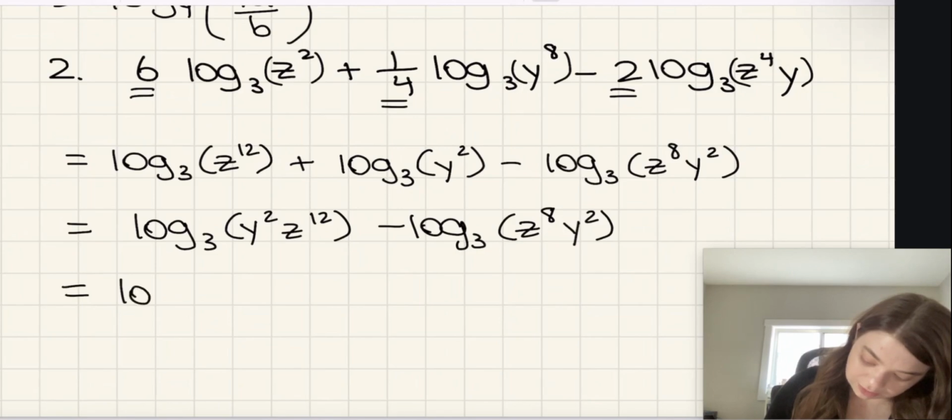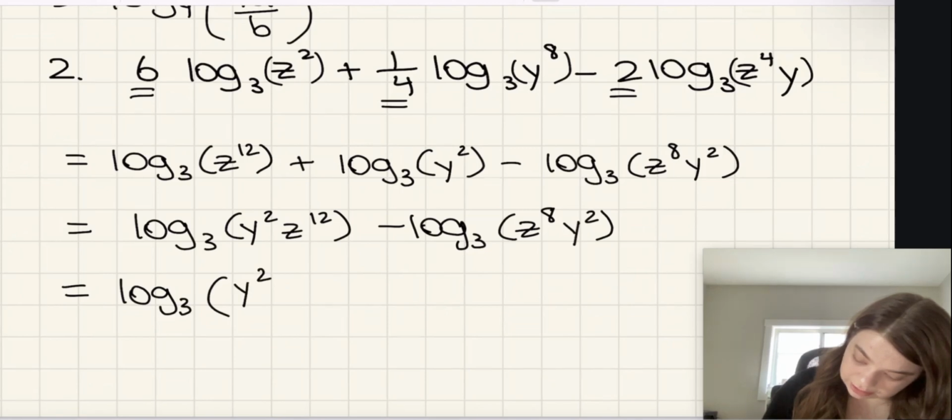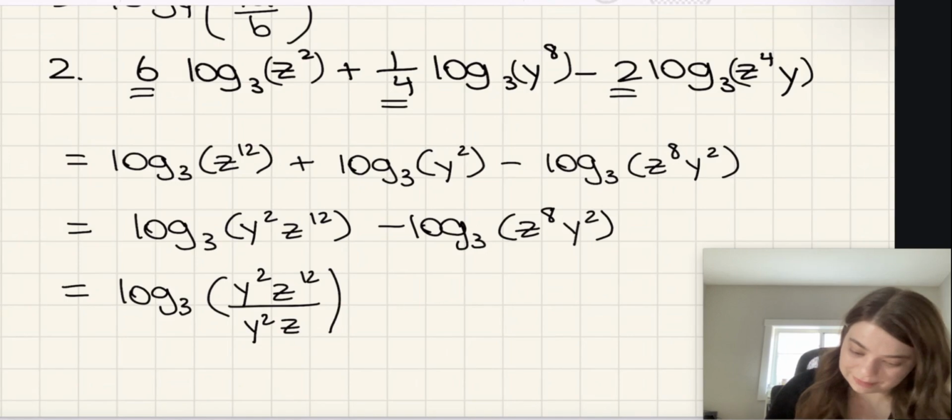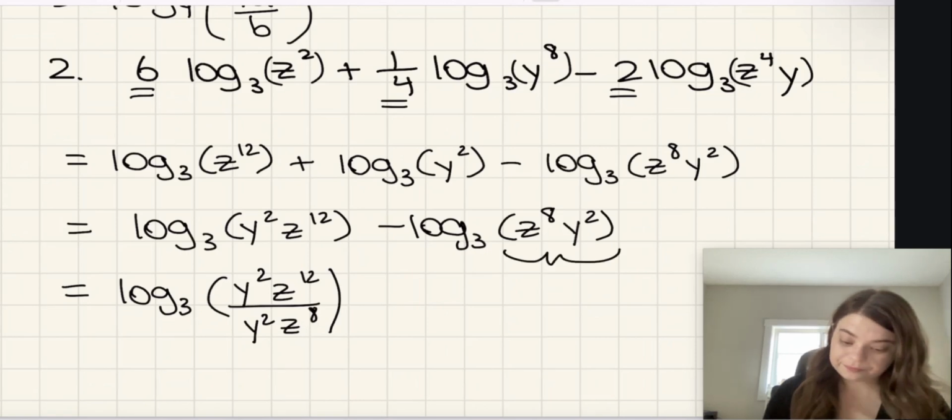So we're going to get log with a base 3 of y squared z to the power 12 over y squared z to the power 8. My apologies, because I'm just copying from this one right here, right?